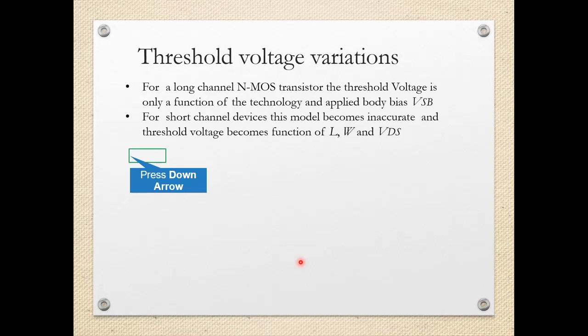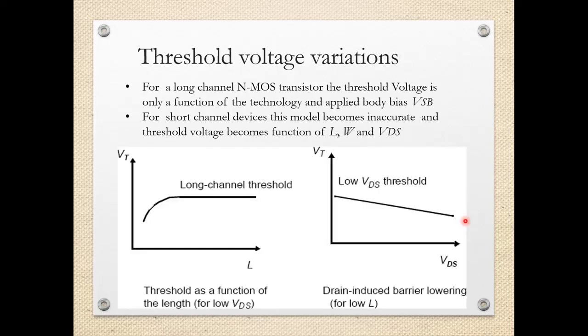So for the normal operation of the MOSFET which we studied earlier, the threshold voltage depends only on technology and the applied bias VSB. But for short channel devices, it depends upon the length, the width of the channel and the voltage VDS also. And this is the graph in which it is clearly shown.